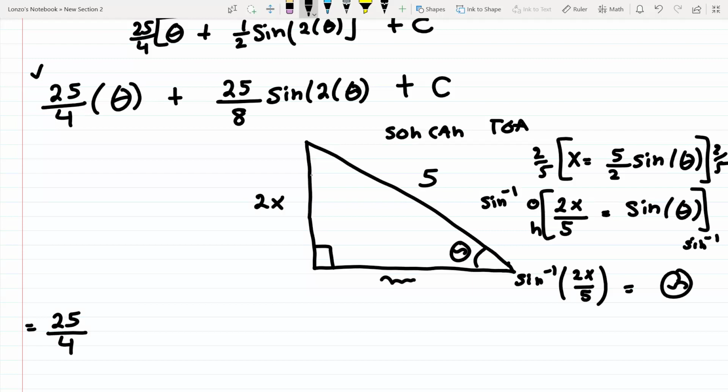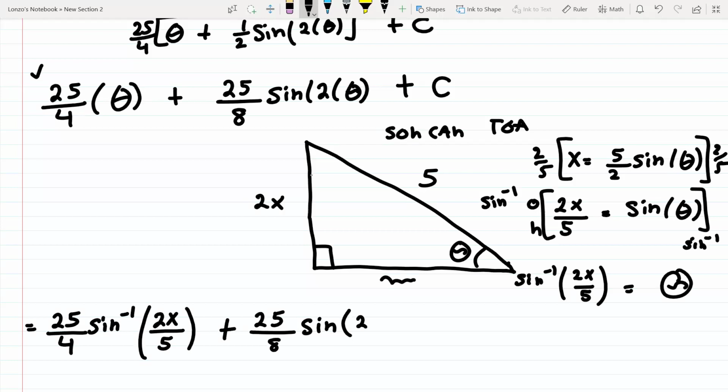So you can replace theta with sin inverse of 2x over 5, plus 25 over 8 sin of 2 times theta, where theta is sin inverse of 2x over 5, and then plus c. Okay, so that is your final answer.